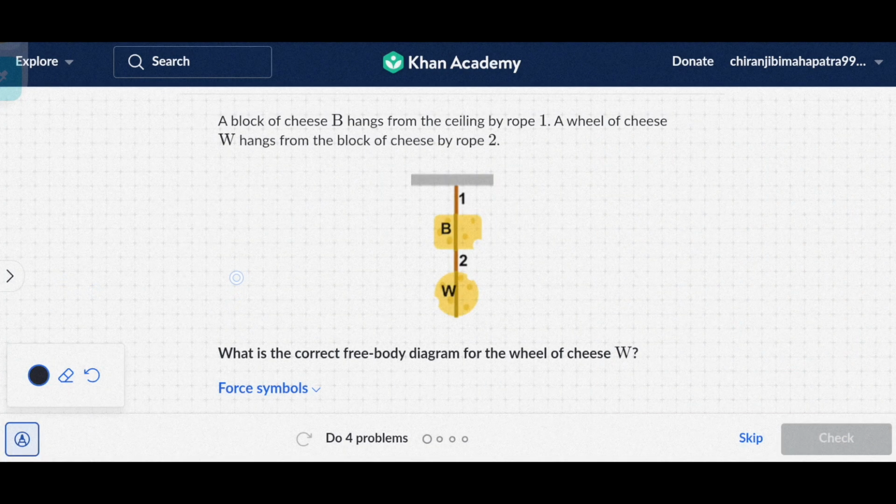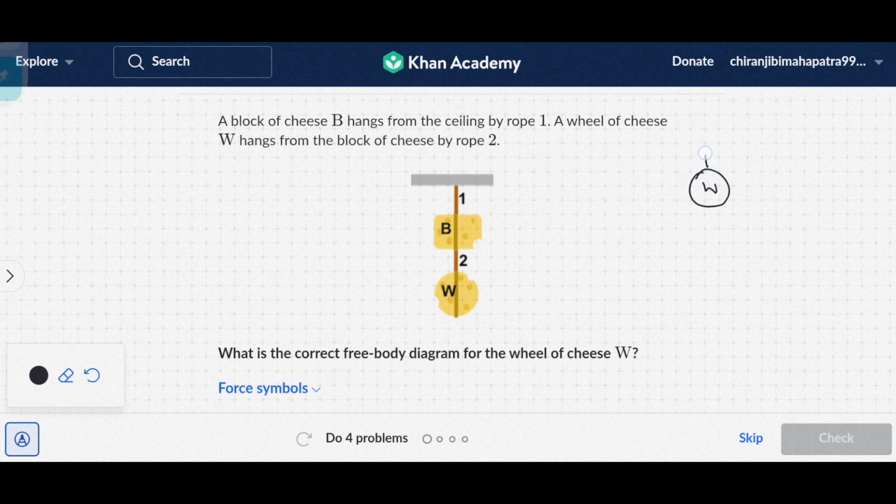Now let's see the rules to draw the diagram. For a free body diagram, consider the object which is of our interest. Here W is our interest, then outline the object boundary. So we have already outlined the object boundary. Now find the contact forces, all the points where any other object or thing is putting force on this object.